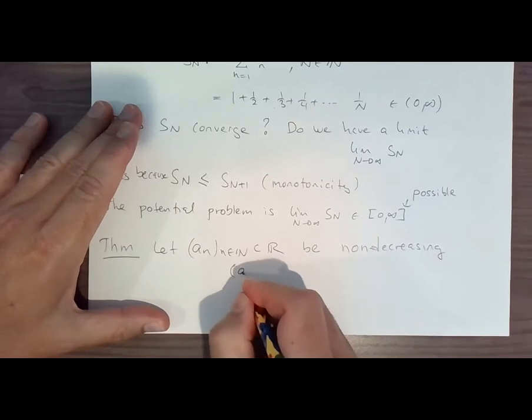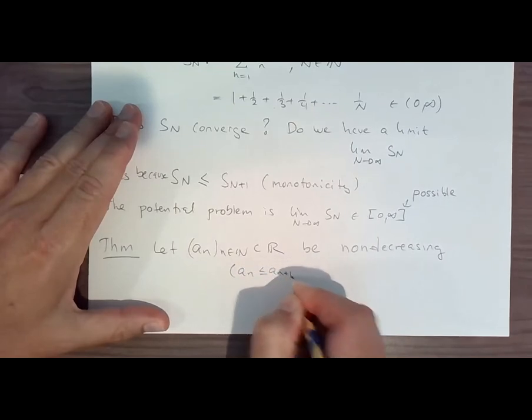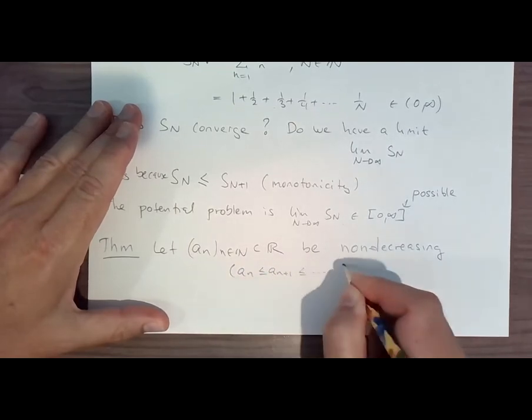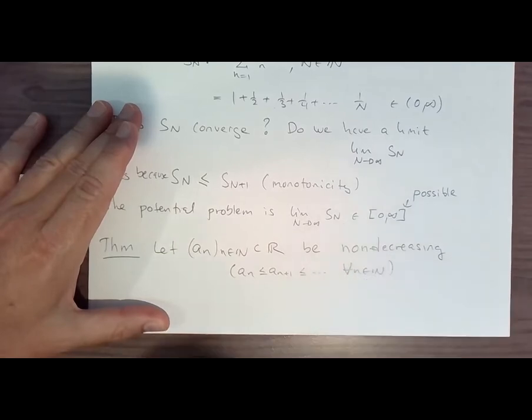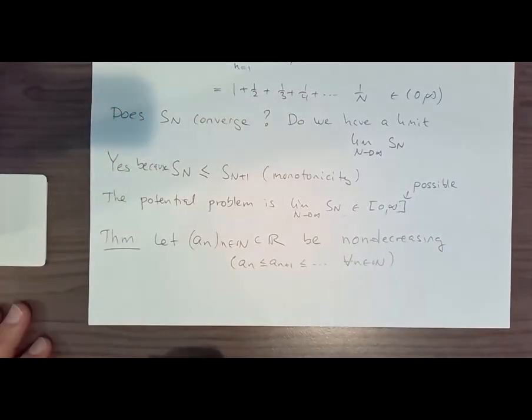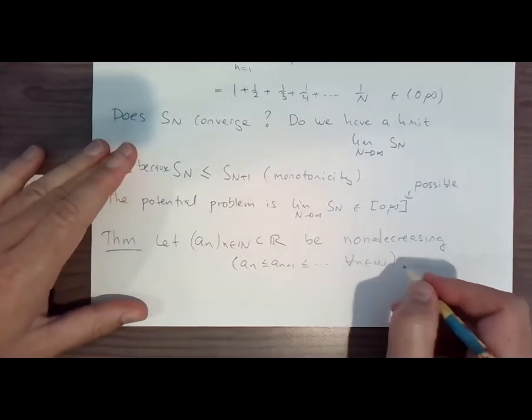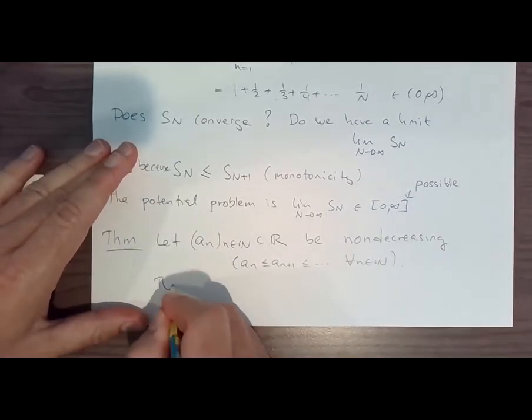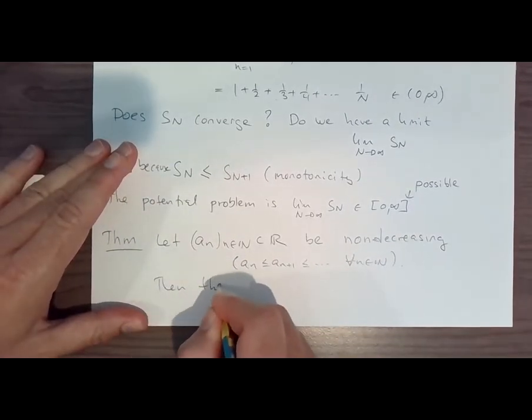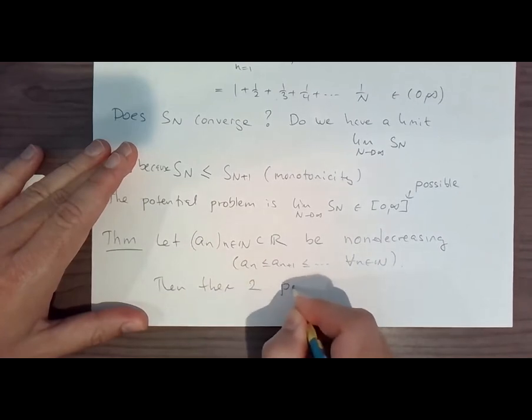So this means that an is less than or equal to an plus 1, and so on for any n. Then there are two things that can hold. Then there are two possibilities.